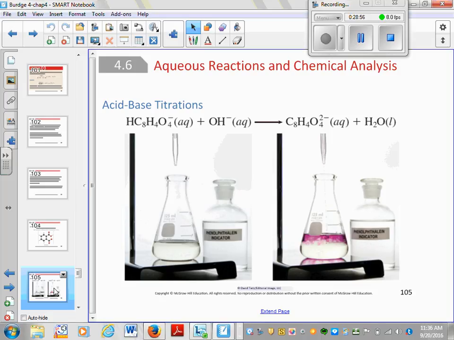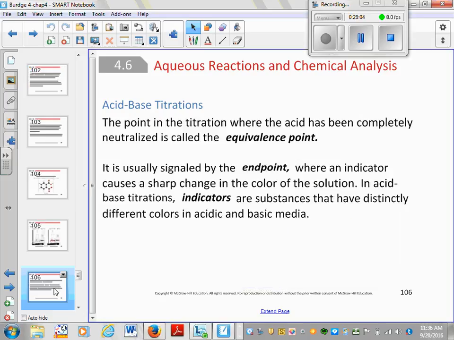It's called the end point, or the equivalence point. So phenolphthalein, there's a whole bunch of different indicators we use, but phenolphthalein is routinely used. And you'll probably do one near the end of the semester.